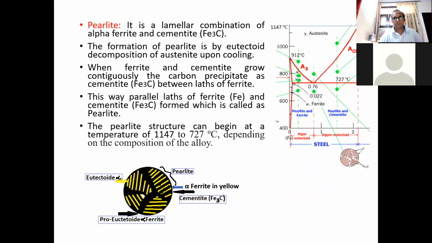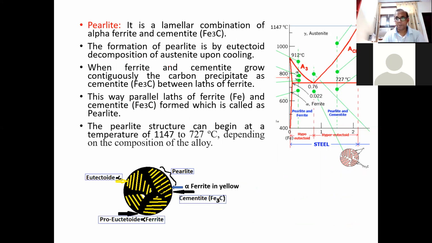Now the next was pearlite, which I told you earlier and discussed yesterday also. I think there is no confusion in this. The structure is alternate layers or alternate laths of cementite and alpha ferrite.